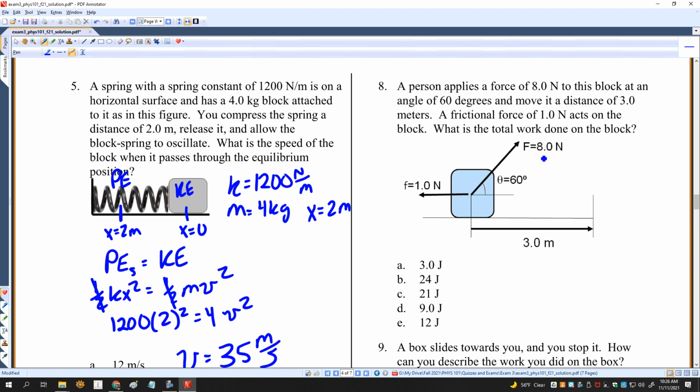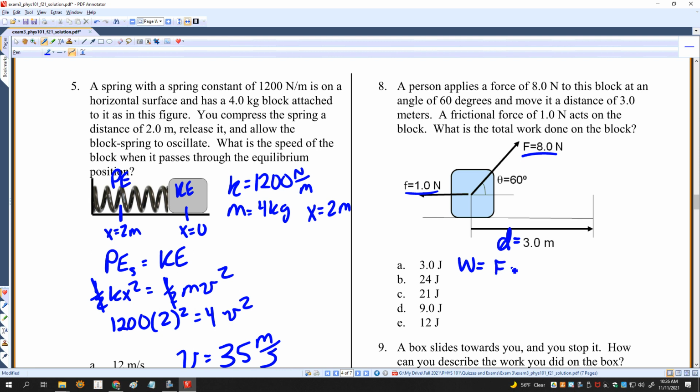A person applies a force at a certain angle and moves it this distance, which we'll call d. Frictional force also acts, so that's this force. What total work is done? The work is the work that's done by both forces.